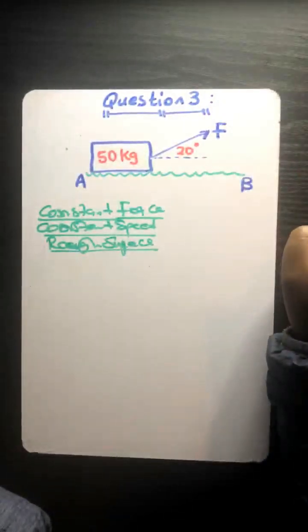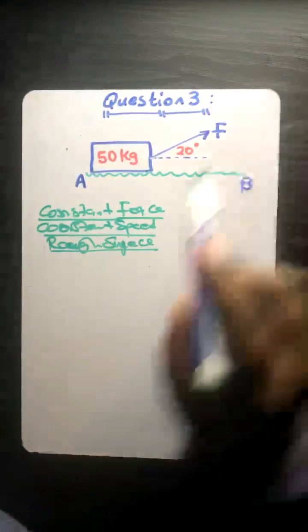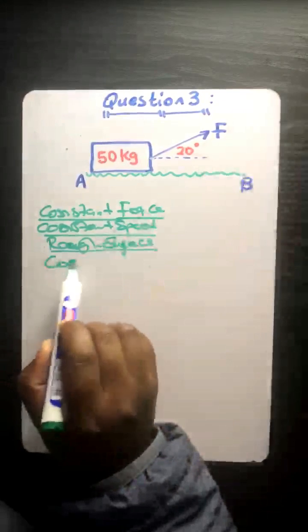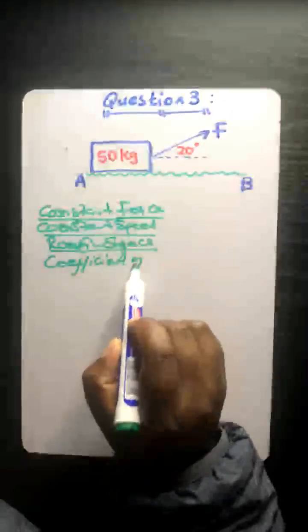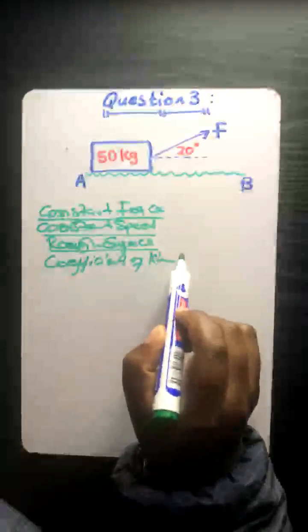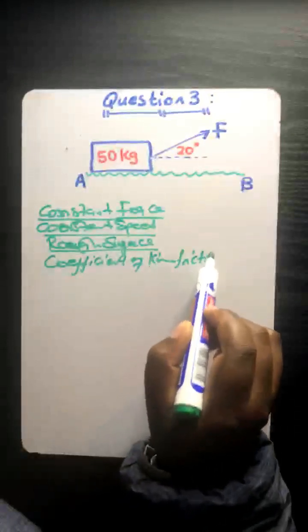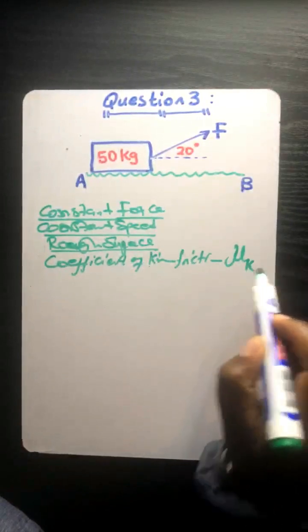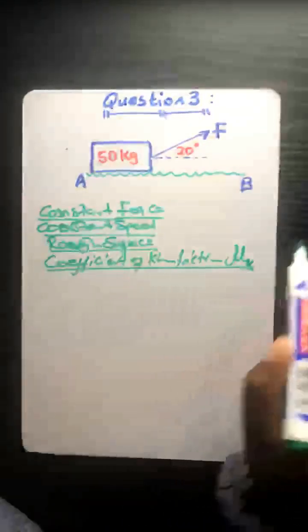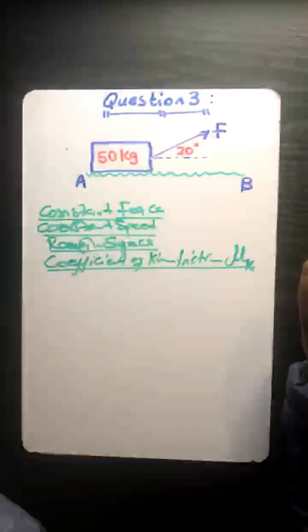Now they're saying the coefficient of kinetic friction. This is called mu, something of that nature.